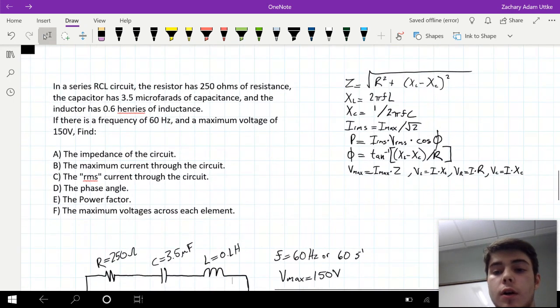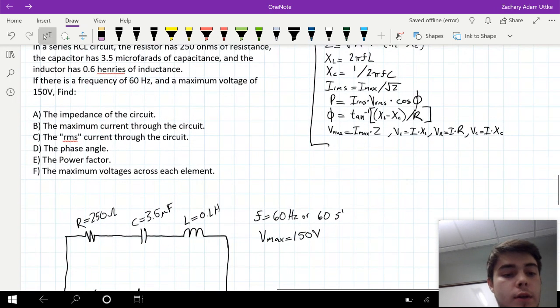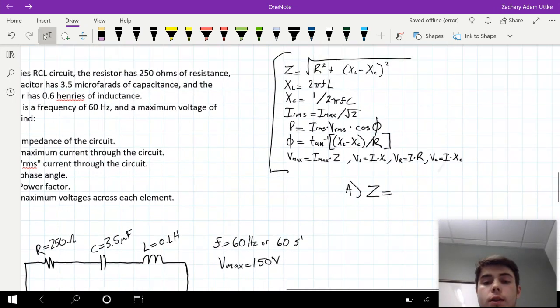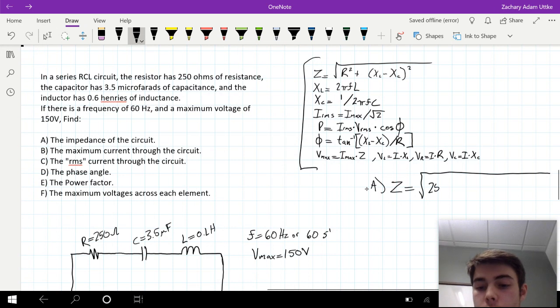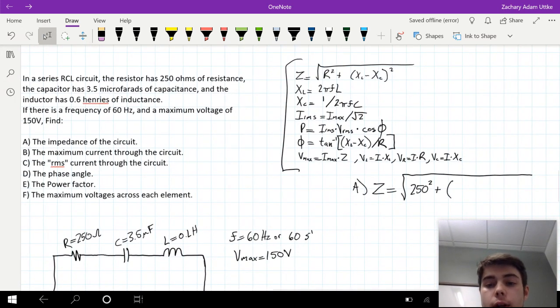So here are all the equations that we're going to use. So starting with A, we're looking for the impedance of the circuit. So we're looking for Z. Z, we're going to have to just plug in what we know. So take the square root of R, which is 250 squared, plus, okay, and now we don't know what X_L or X_C are. So to figure that out, we have to use these equations right here.